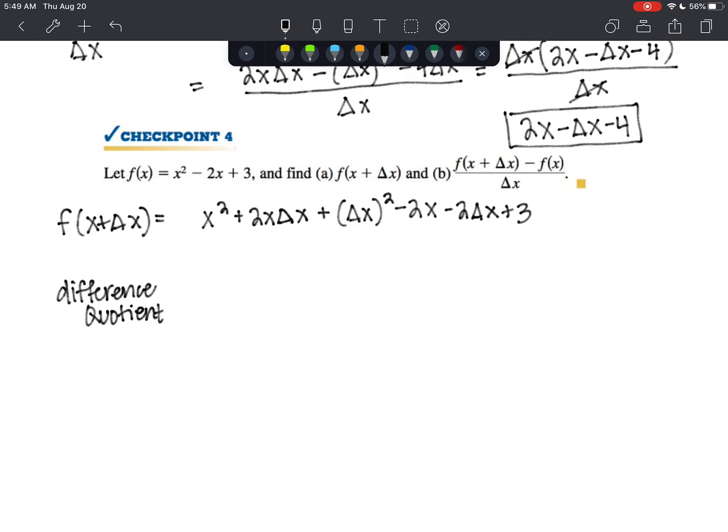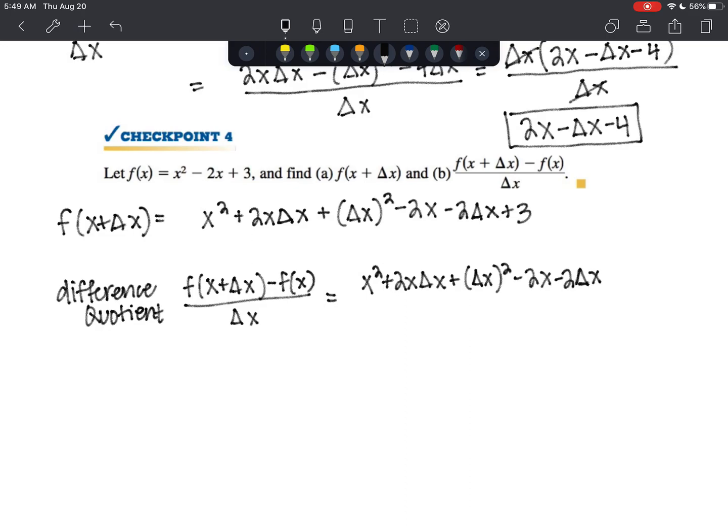The difference quotient is f of x plus delta x minus f of x all over delta x. And that's equal to x squared plus 2x delta x plus delta x squared minus 2x minus 2 delta x plus 3, that's our f of x plus delta x, minus, I'm going to distribute by negative this time, minus x squared plus 2x minus 3 all over delta x.